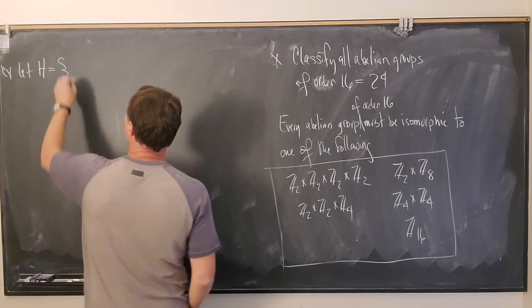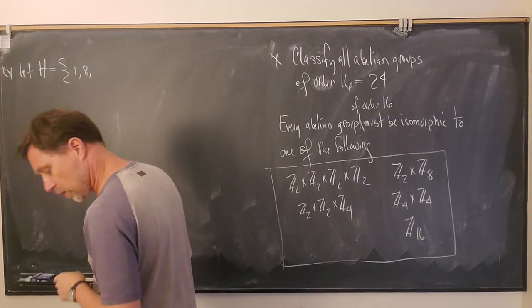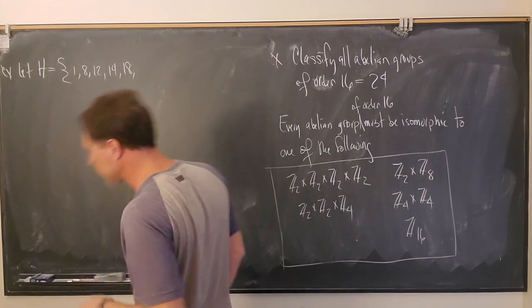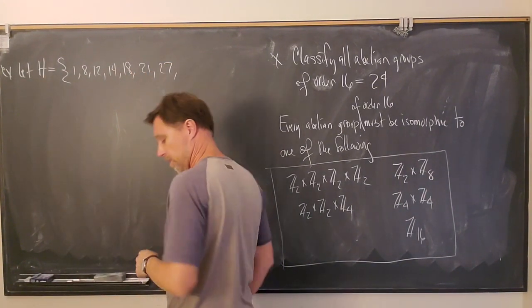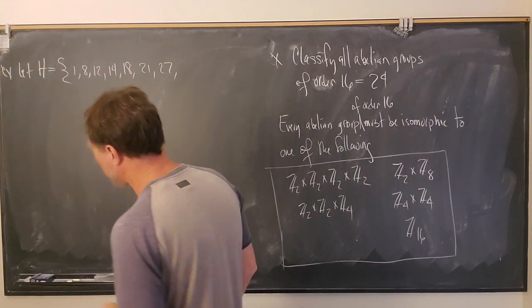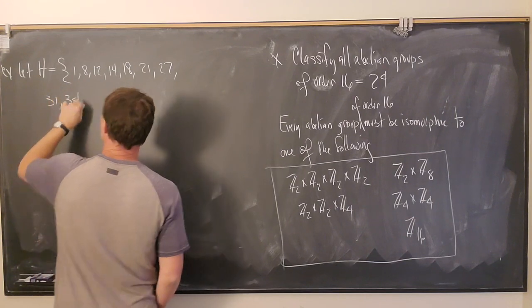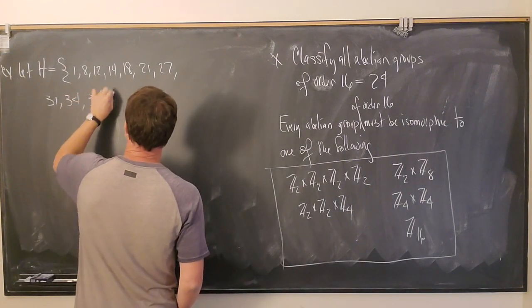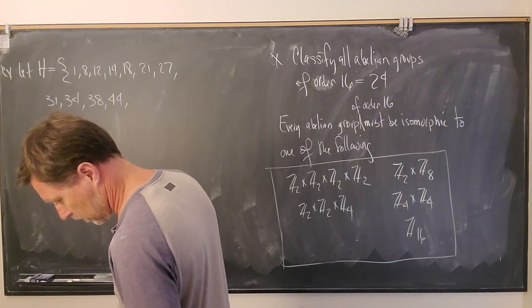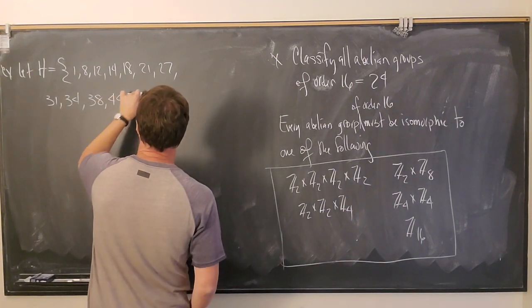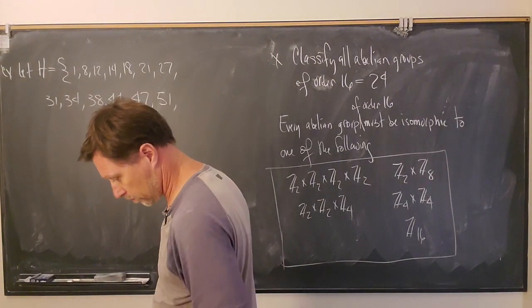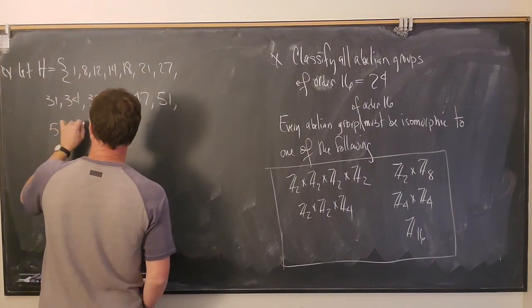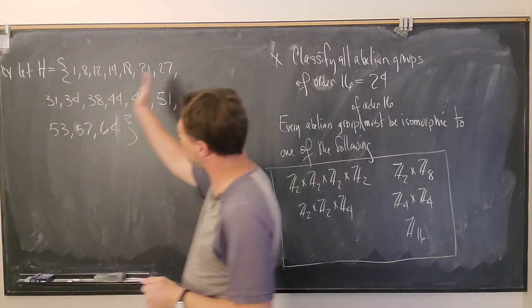So 1, 8, 12, 14, 18, 21, 27, 31, 34, 38, 44, 47, 51, 53, 57, and 64. So here's just this list of natural numbers.